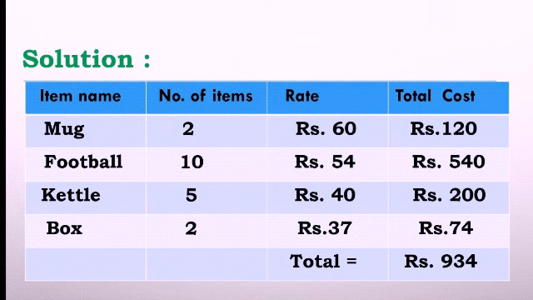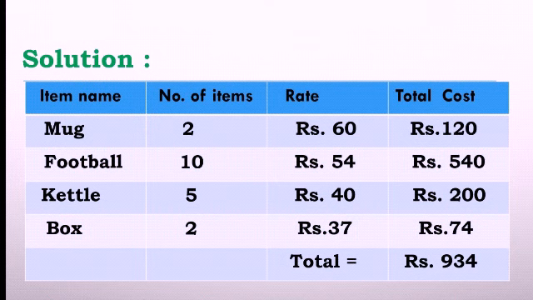Gopal bought 2 mugs, so the number of items will be 2. 10 footballs, so the number of footballs will be 10. 5 kettles, so the number of kettles will be 5, and 2 boxes, so the number of boxes will be 2. Now the rate per item. 1 mug costs rupees 60, 1 football costs rupees 54, 1 kettle costs rupees 40 and 1 box costs 37 rupees.